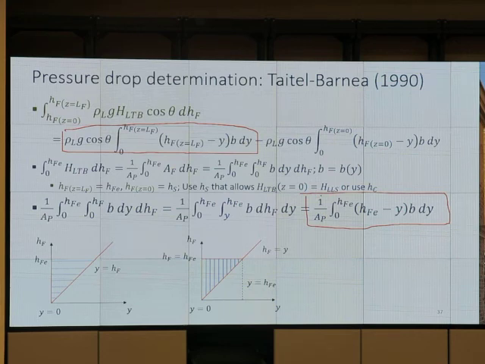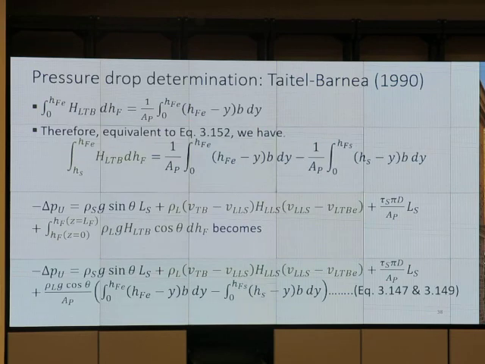Similarly, the second term will be that. So I have the integration from 0 to h_FE of h_R T B dy, equal to that after we swap the integration limit.